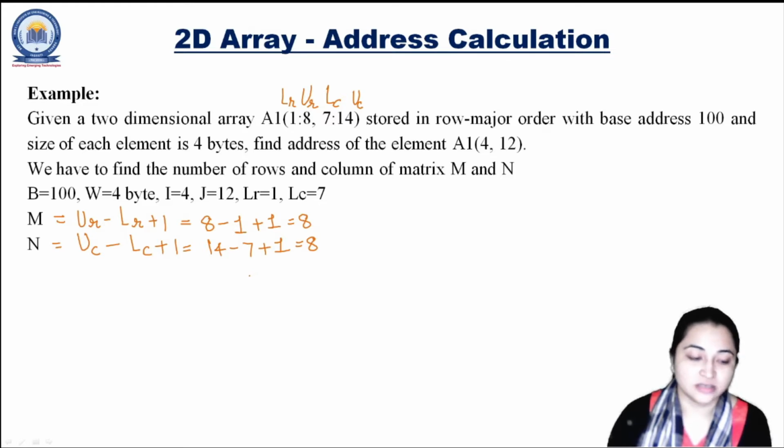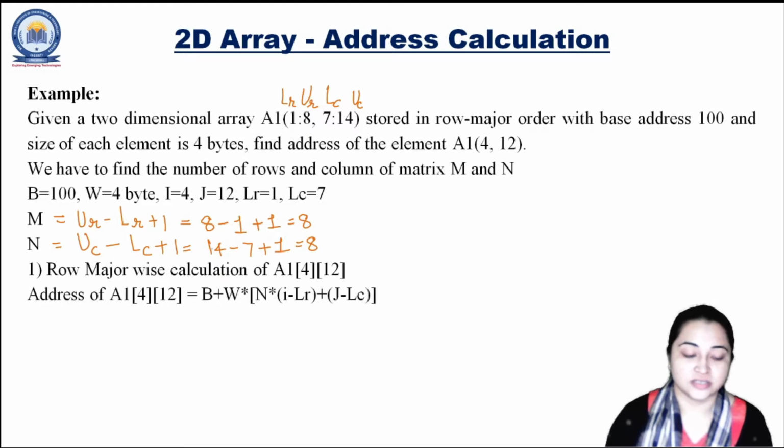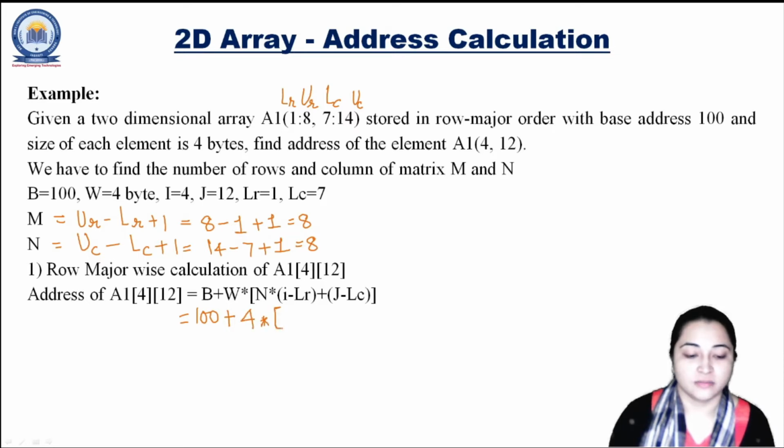Now we can proceed with address calculation, and we can find the address using this equation. We have base address 100 plus size of element, 4 bytes, multiplied by total number of rows m, which is 8, and total number of columns n, which is 8.